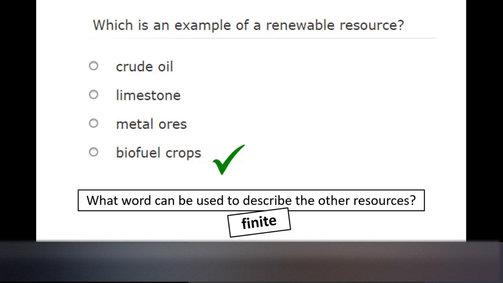Finite because they can be depleted. Crude oil is going to take a long time to recover the amounts that we have today if we finish it all by 2050. It takes millions of years for crude oil to be formed, so it will be depleted before it can be back up to its normal levels again.